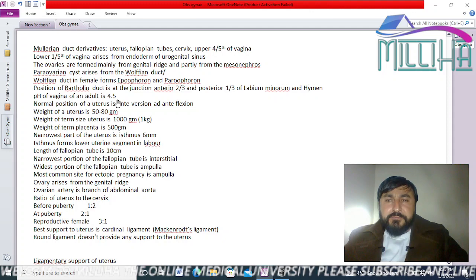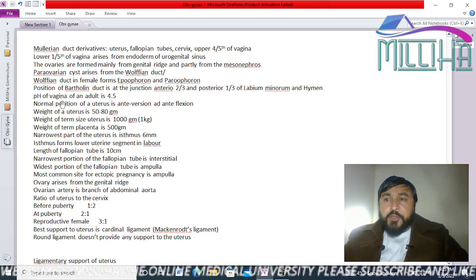You can search on Google. It's a very small section, and one image. By seeing one image, you can understand. And anyway, the position of the Bartholin duct is in the groove between the hymen and labium minus.